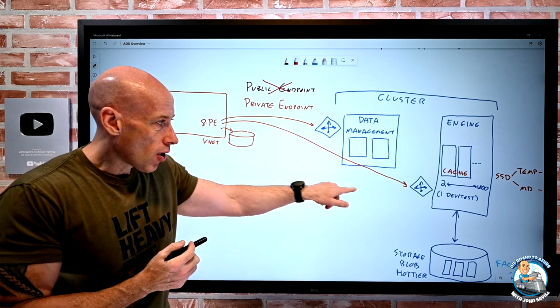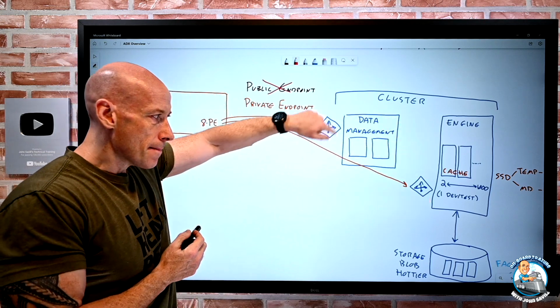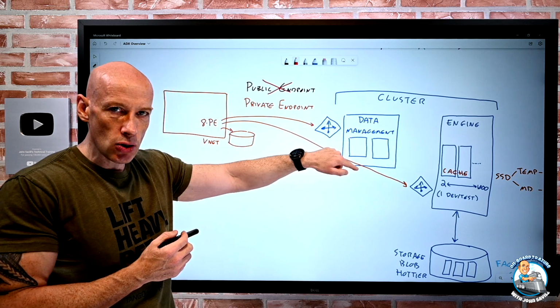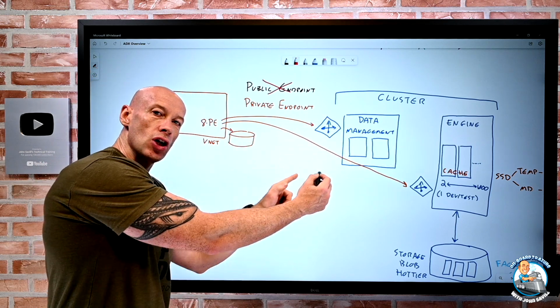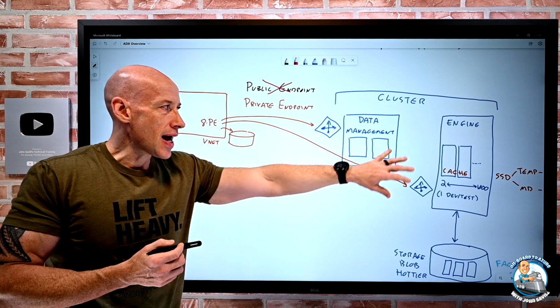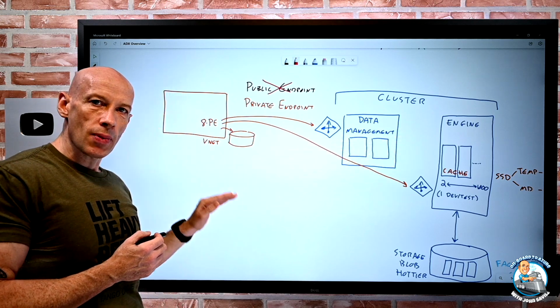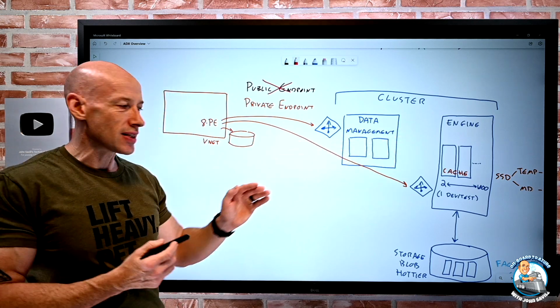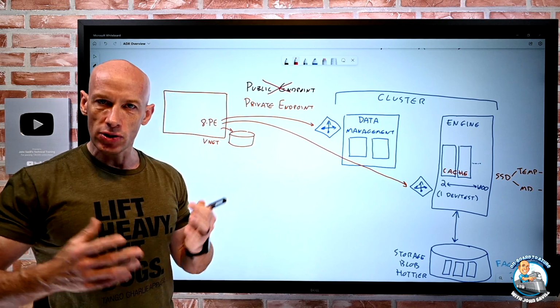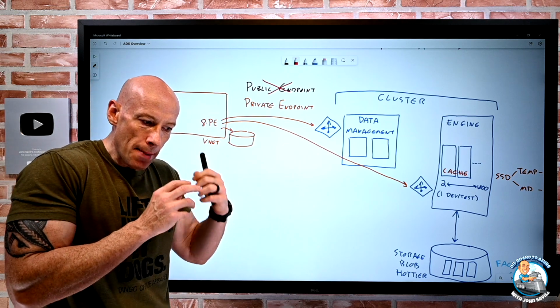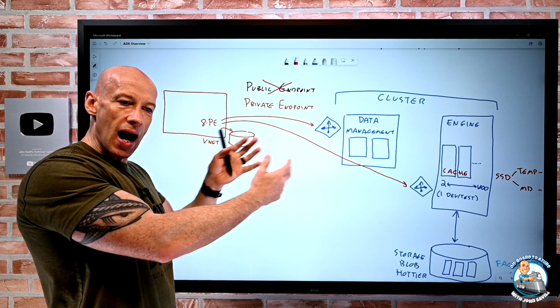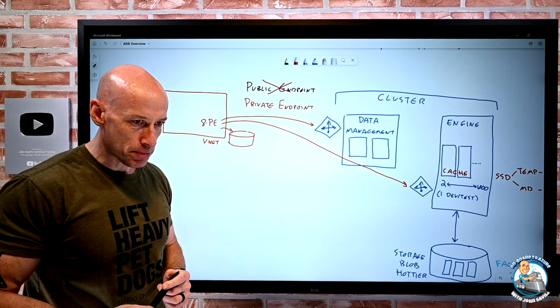I can create private endpoints in this managed virtual network that ADX uses to other services I might have, so that ADX can go and communicate to my other services using private endpoints so they don't have to be exposed to the public. So I can create managed private endpoints to other services I might have.